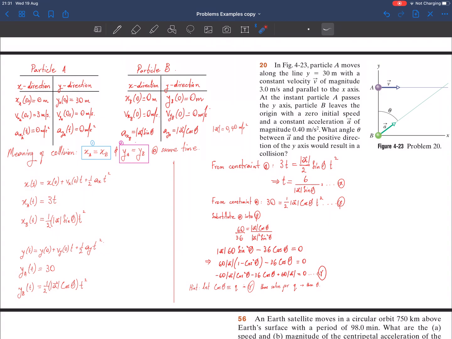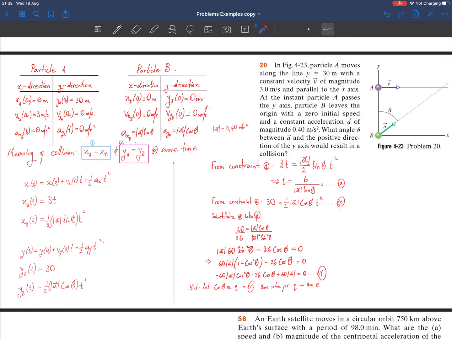If we do so, we end up with this for particle A and with that for particle B. These expressions are simply obtained by substituting these values in that equation. You could try it out on your own. And the same could be done in the y direction. In the y direction, the position function is given by that. And when we specialize for particle A, we obtain that, and for particle B, we obtain that.